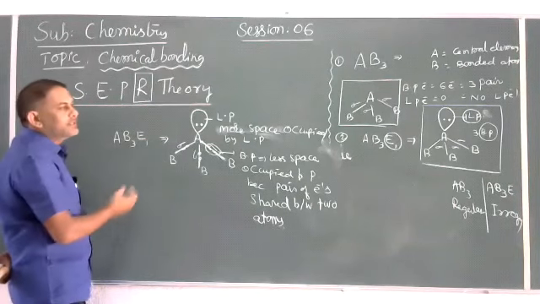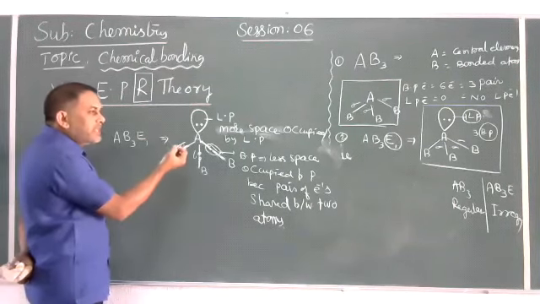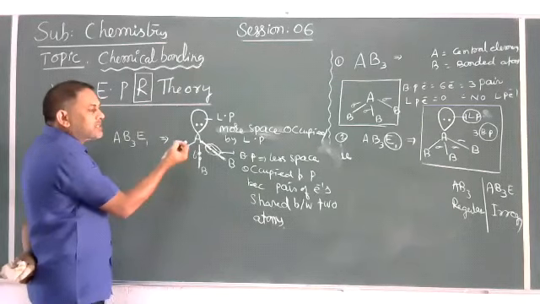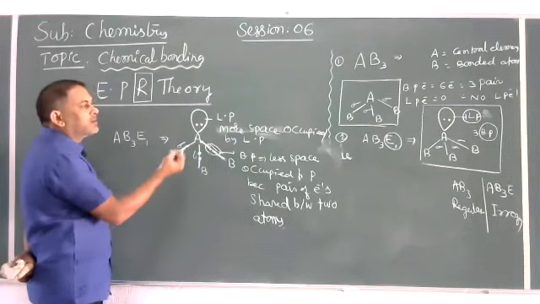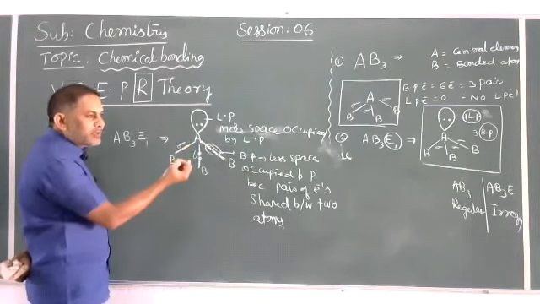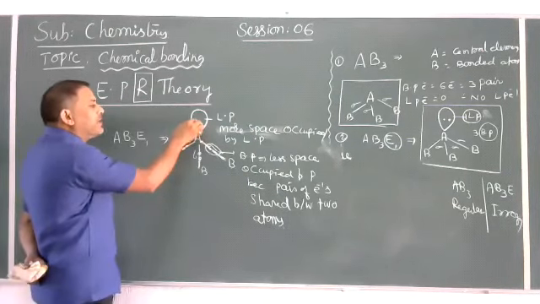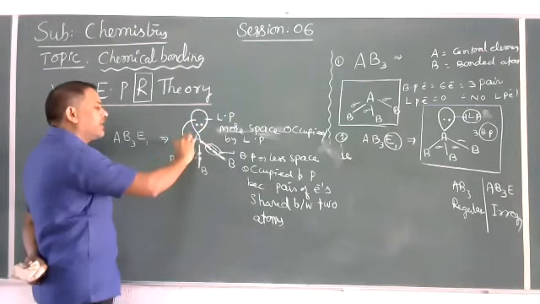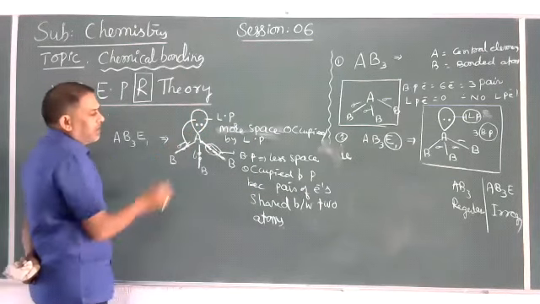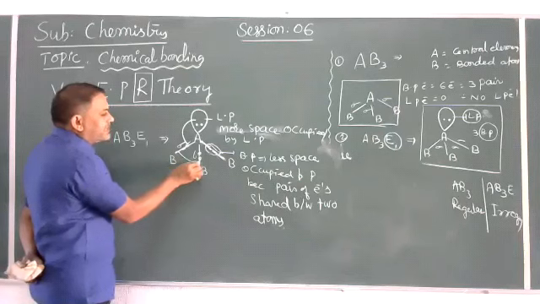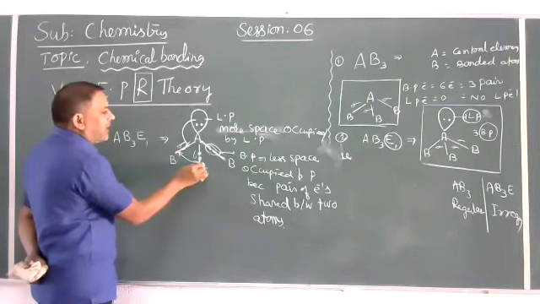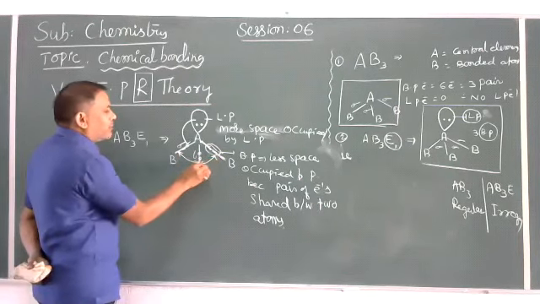So to get a stable molecule, with minimum energy and more stability, there is repulsion between these electron pairs: lone pair and bond pair, and bond pair and bond pair again.